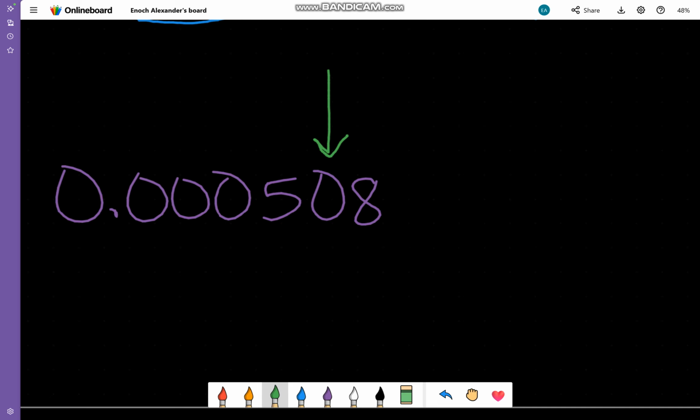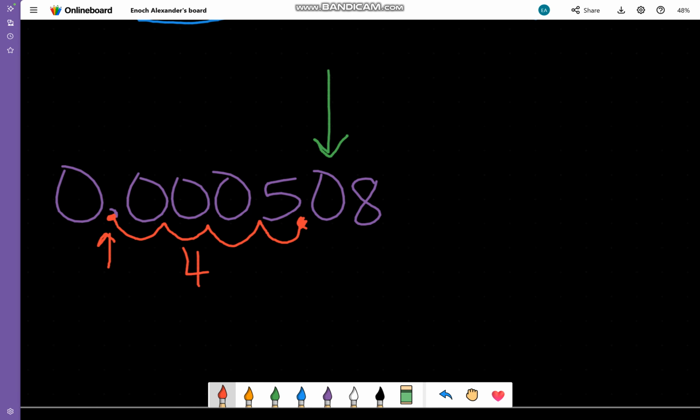So as I said before, count the decimal places. I want to get a number that's greater than or equal to 1, but less than 10. That means the decimal point needs to land in between the 5 and the 0. We're starting here. How many decimal places do we move from the left to the right? 1, 2, 3, 4 decimal places. I'm just going to put the 4 here.